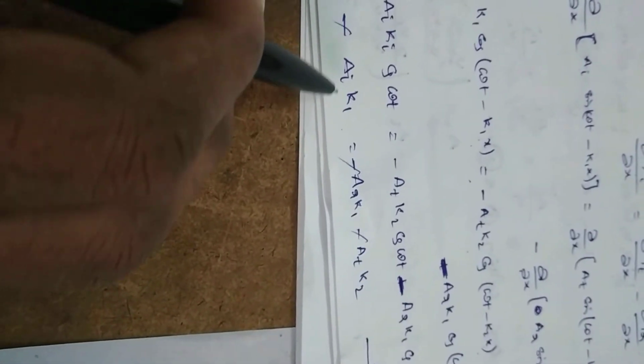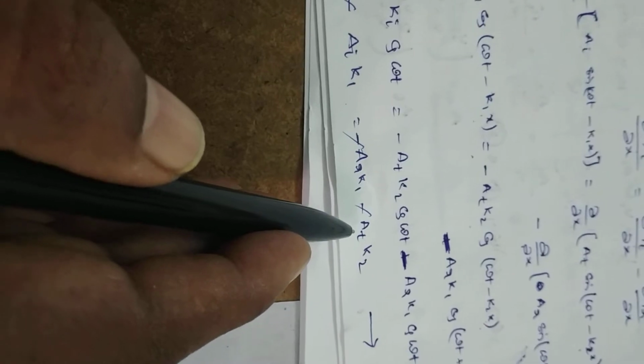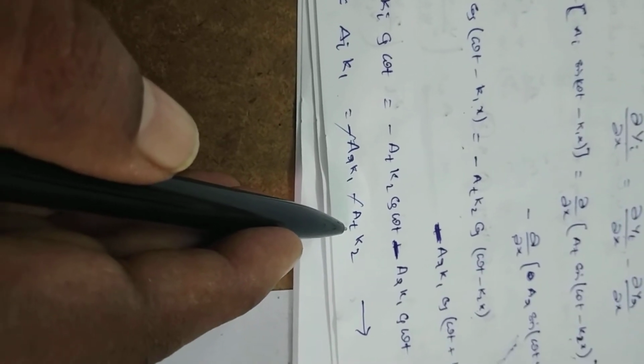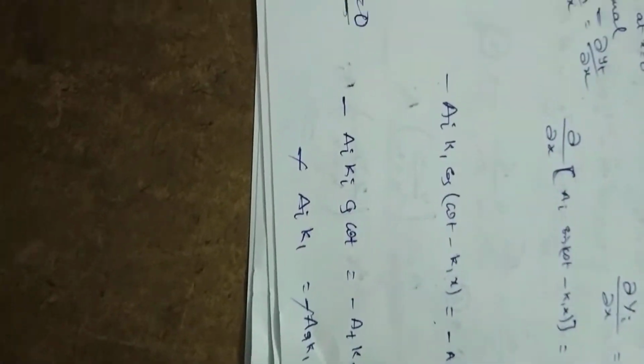So Ai k1 is equal to Ar k1 plus At k2. This is equation 3.